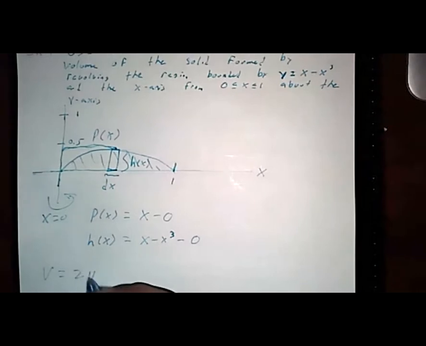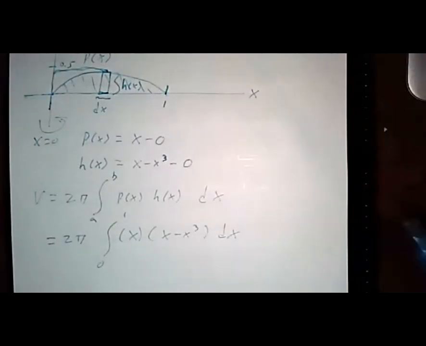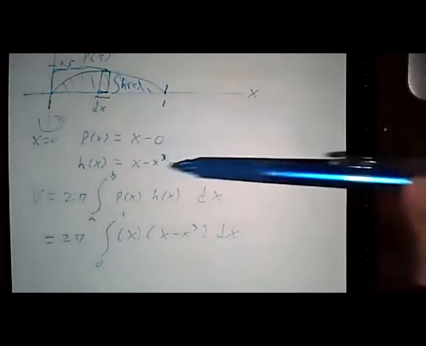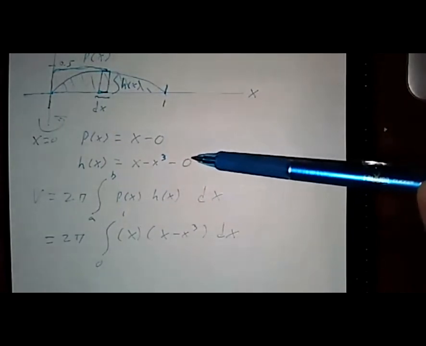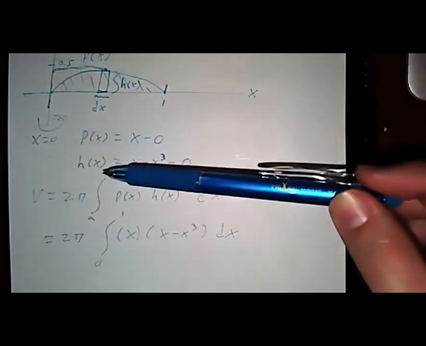So now we can just use the formula. The volume will be 2 pi times the integral from a to b of rho times h dx, which is 2 pi times the integral from 0 to 1 of x times (x minus x cubed) dx. Rho is dependent on where the axis is. The height is just the top and bottom of the region, just like we did in 7.1 and 7.2.